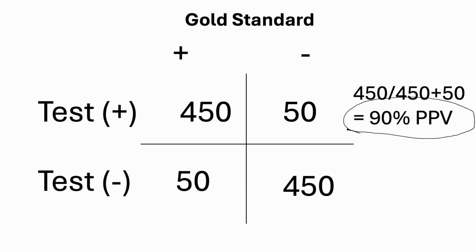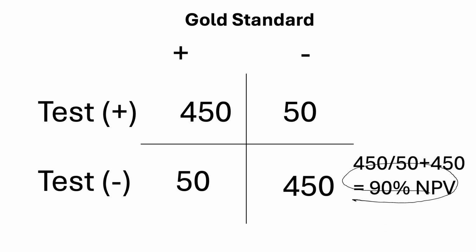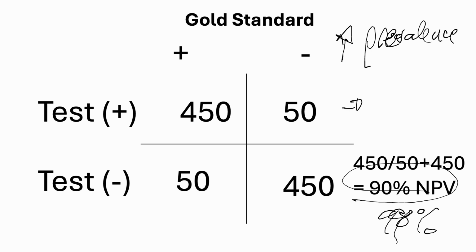The positive predictive value went up and is now at 90%. And the negative predictive value is also at 90%, when before it was like 98% or 99%. So that's what happens with increased prevalence: positive predictive value increases, negative predictive value decreases.